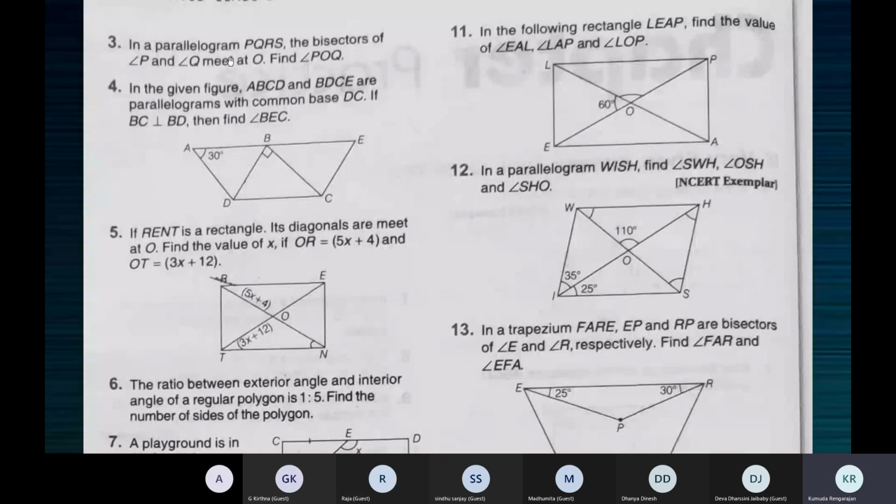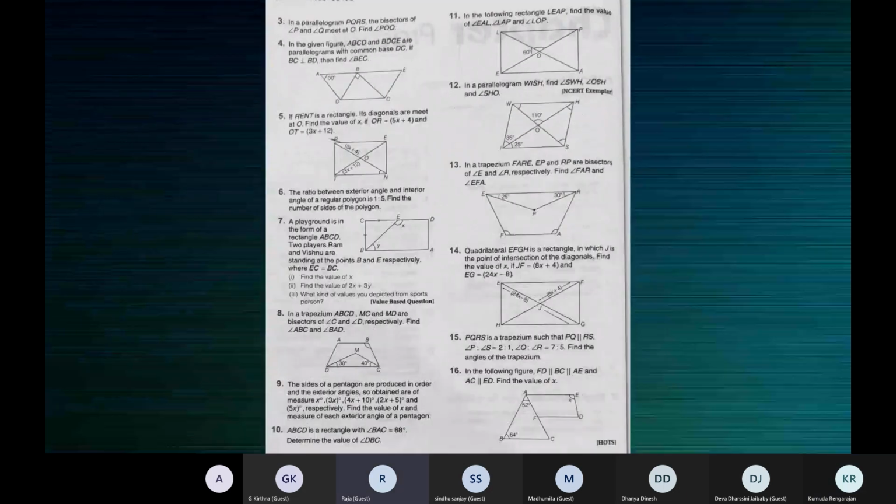Yeah, do the third one. Ma'am, Yes, Raja. Can you show the question for 1 minute? The second question.